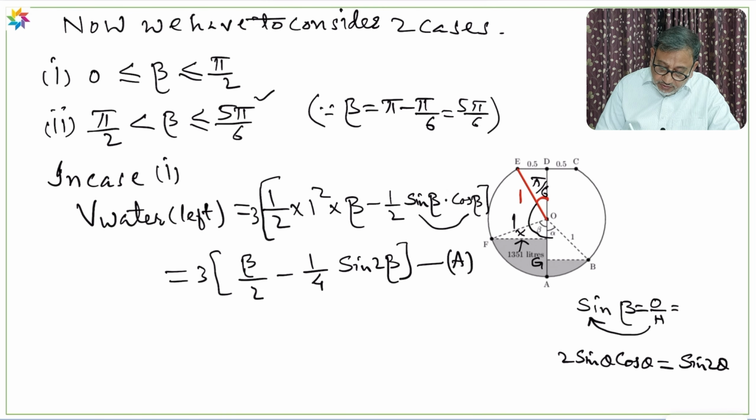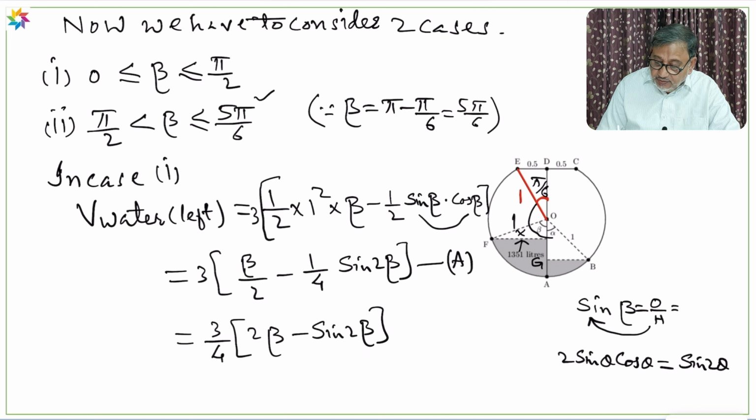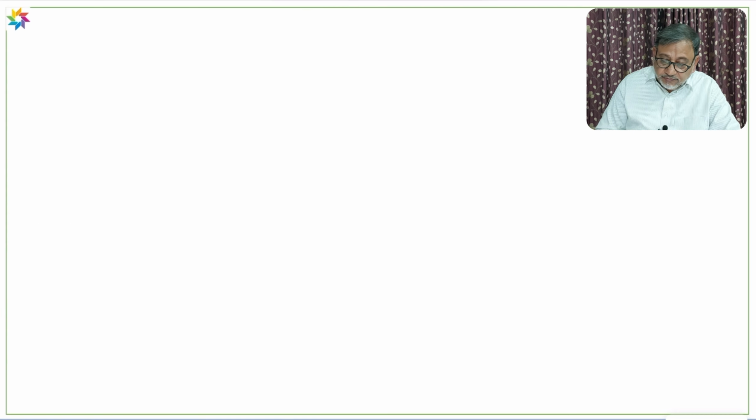Or what I can do, I can take 3 by 4 common, so it will be 2 beta minus sine 2 beta, that will be better. So I will put A here, right?